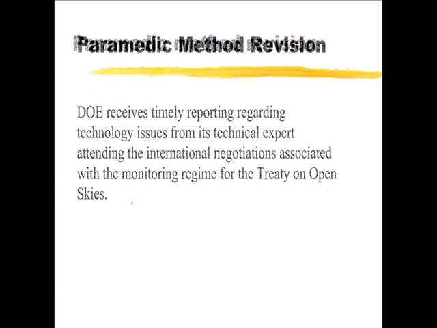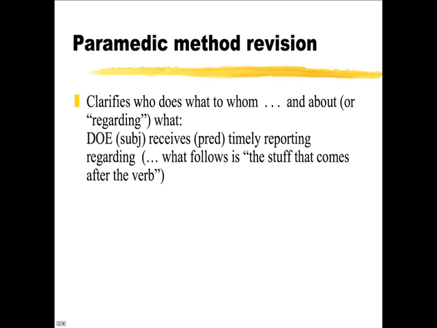Why do people write this way? We want to do it because it clarifies who does what and to whom, or in this case, regarding. DOE as the subject, receives as the predicate, a good action verb, timely reporting, all that stuff that comes after the verb.